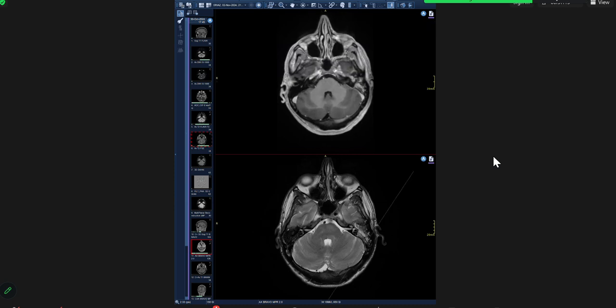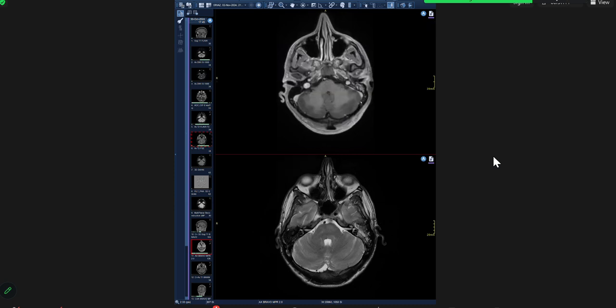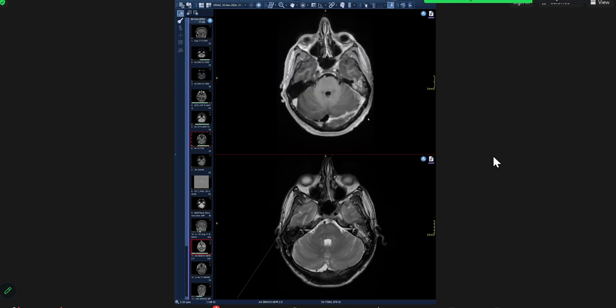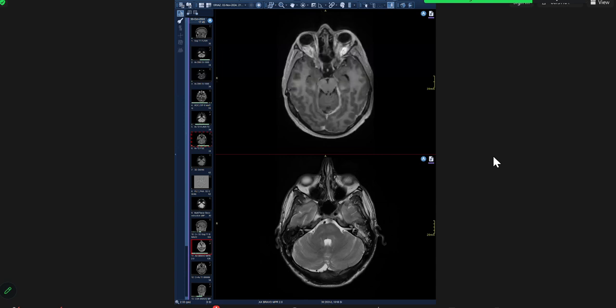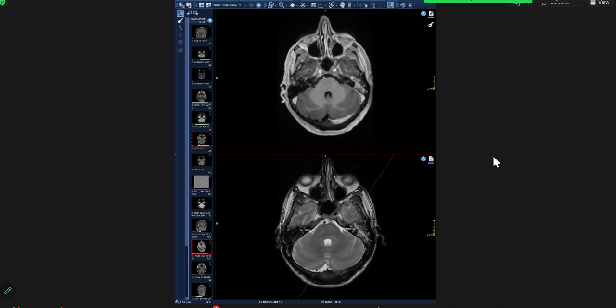There are variations in them, so it's mostly okay, it's just the way it's projecting. So you don't see a cause on these images? No, ma'am, I cannot appreciate. There is some hyperintensity in the brainstem, so you can ignore that.